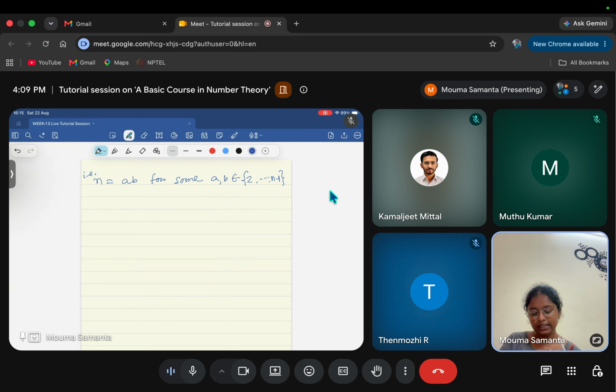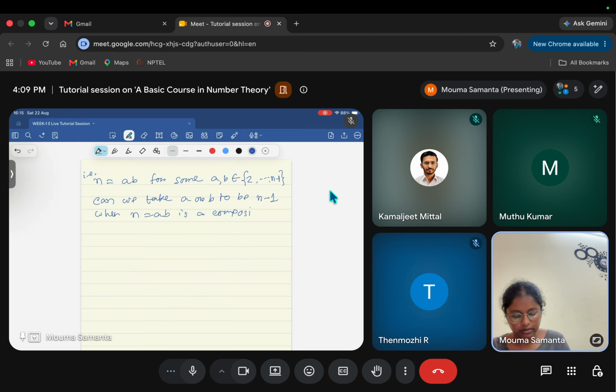Now another thing to notice: can either a or b be n minus 1? My question is, can we take a or b to be n minus 1 when n equals ab is a composite number?